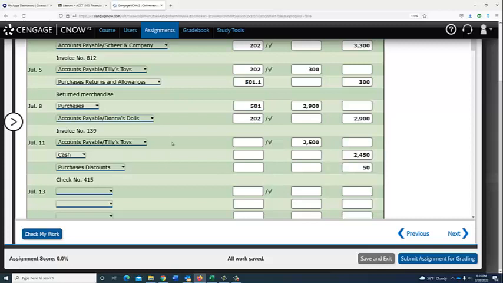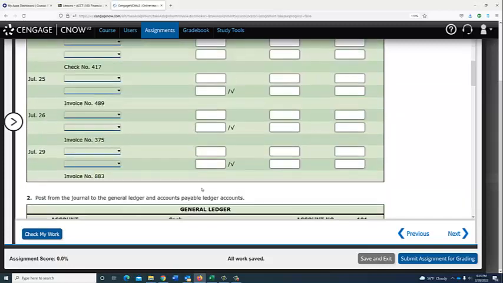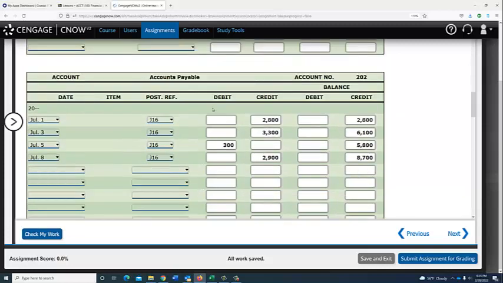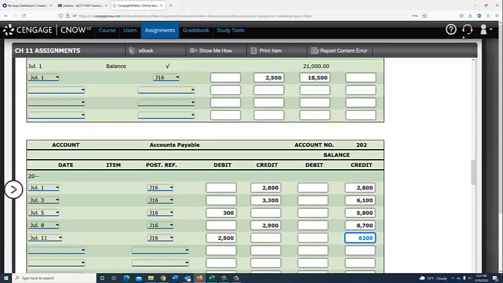So now let's post this debit to accounts payable and the debit to Tilly's. Okay, here's accounts payable. That was dated the 11th. Okay, a debit of $2,500. That gives us a balance of $6,200. We had a credit and a debit, so we subtracted.